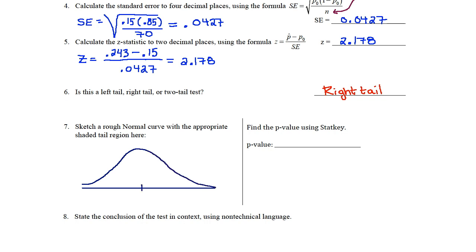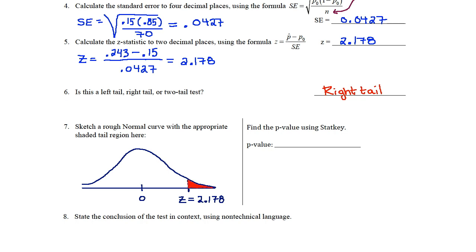We're just interested in the standard normal distribution here, so I'm just going to mark 0 at the center and my z statistic on the curve. 2 standard deviations away is starting to get off into the tail, but it's not really far into the tail. So I would estimate that z of 2.178 to be right about here, and since I'm only doing a right tail test, I'm going to only shade the right tail.